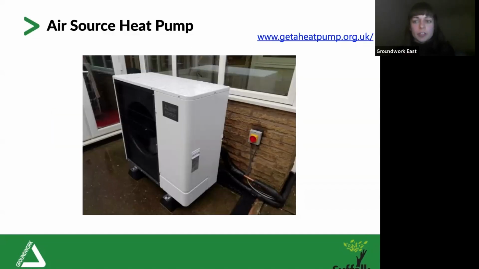So we can often achieve 200 to 600% efficiency, depending on the system and the setup, compared to, for example, an A-rated gas boiler, which has about a 90% efficiency rating. So when you're thinking about using energy in the most efficient way, heat pumps are the most efficient method of heating.